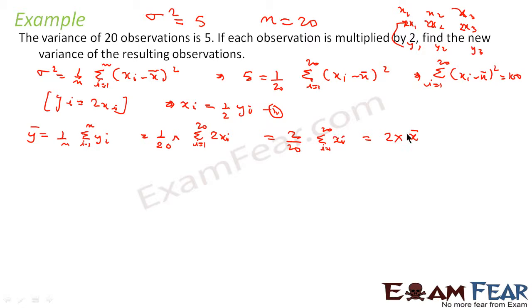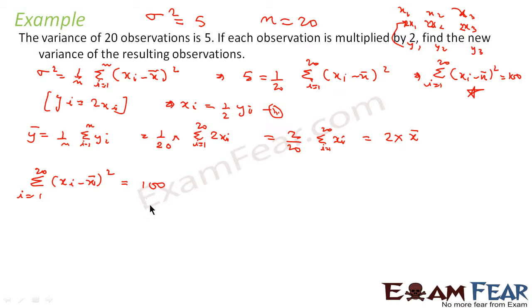Now let's use this formula. We have xi is equal to yi by 2 and we have mean of y is equal to 2 of mean of x. So we'll use this formula now, the same formula I put a star on here. I'll say that the sigma of (xi minus x mean) square, i is equal to 1 to 20, is nothing but 100.